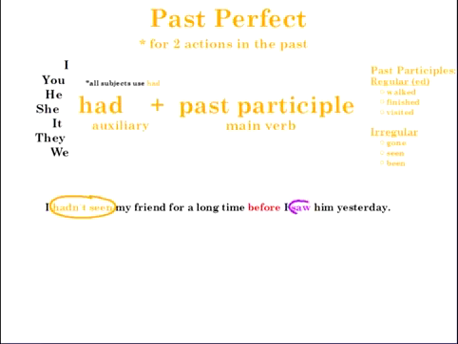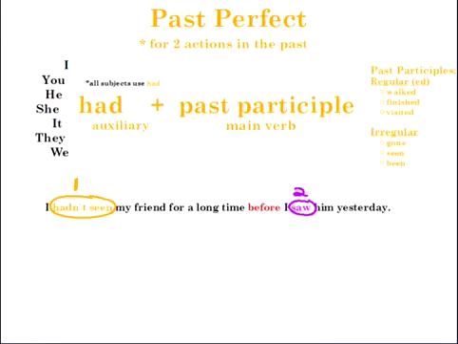Again, this is the first thing that happens, or in this context, the first thing that didn't happen. Before I saw him yesterday, that is the second action. So remember, my simple past is the second thing that happens, and the past perfect is the first thing that happens.